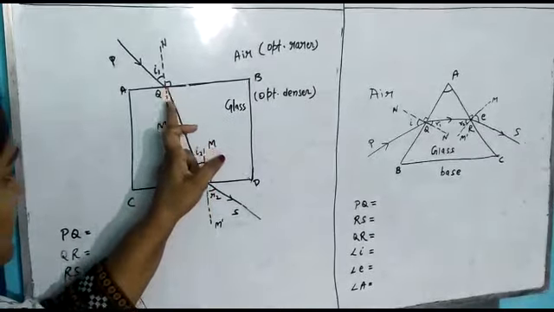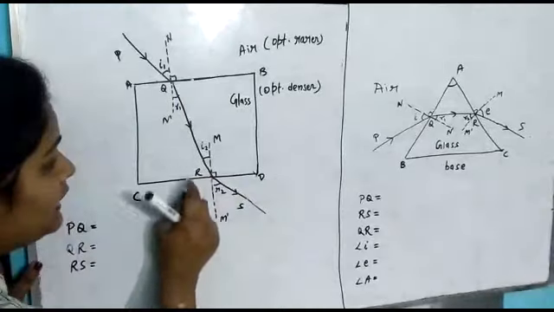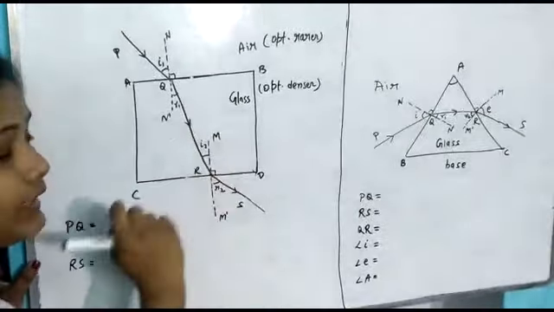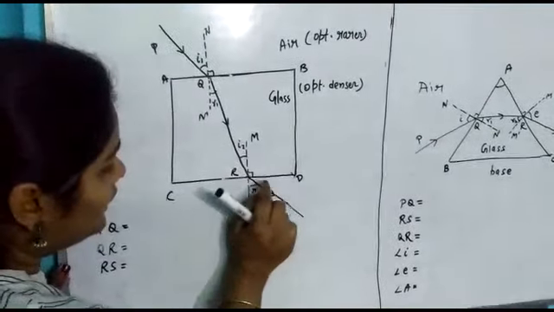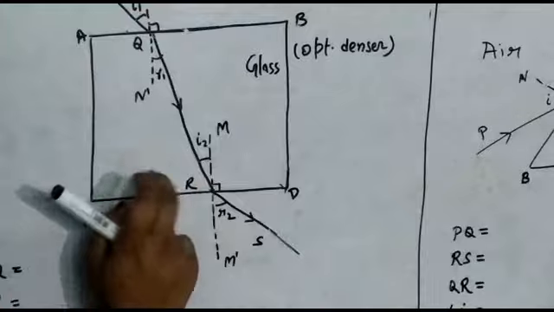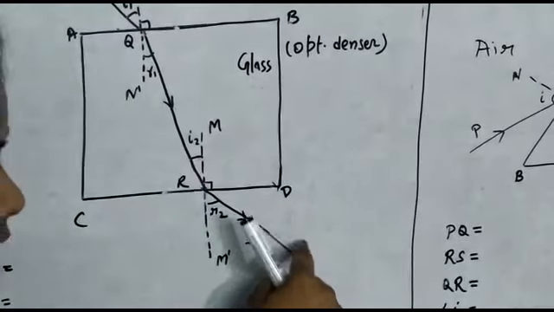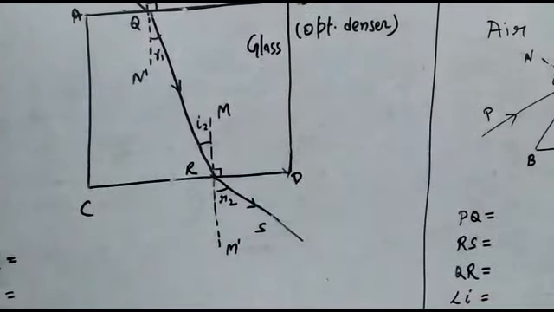QR is the refracted ray, and for CD this ray will act as the incident ray. After this second refraction, when the light ray goes from denser to rarer medium, the light ray bends away from the normal.